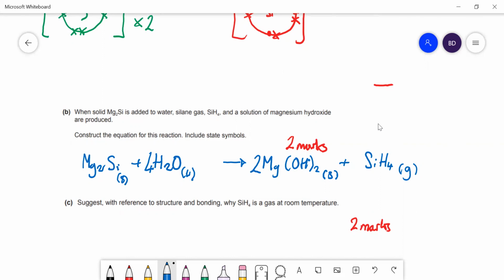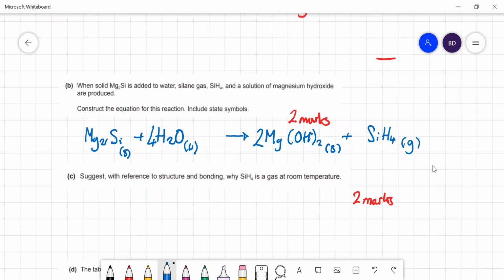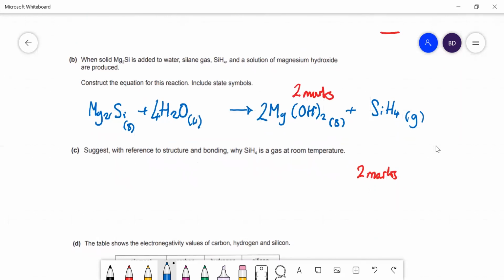Suggest with reference to structure and bonding why SiH4 is a gas at room temperature. Okay, so it is a simple covalent molecule. And it won't have a permanent dipole because it's symmetrical.